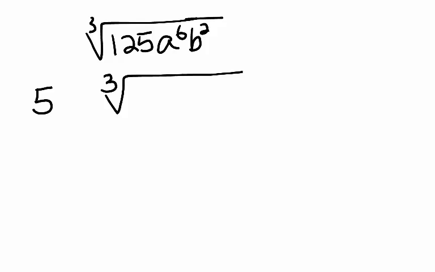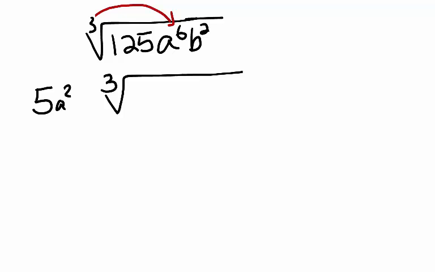The cube root of a to the 6th is a squared. And I know this because I can divide my root 3 into my exponent 6, and it divides evenly 2 times. With b squared, cube root 3 divides into exponent 2.